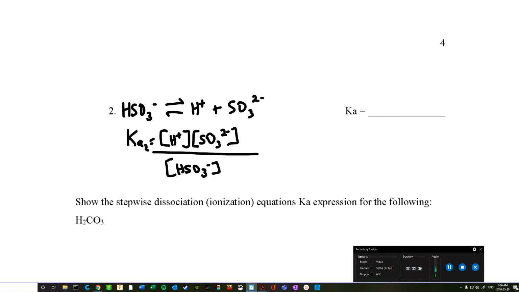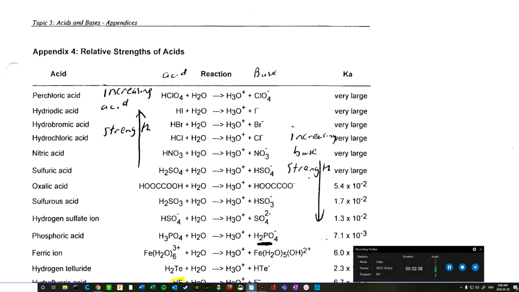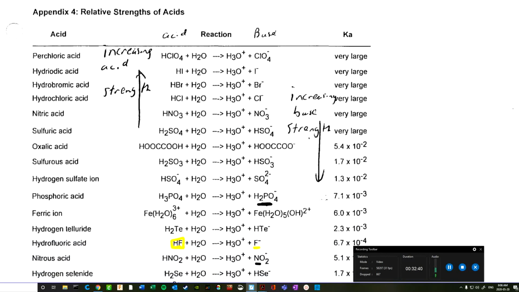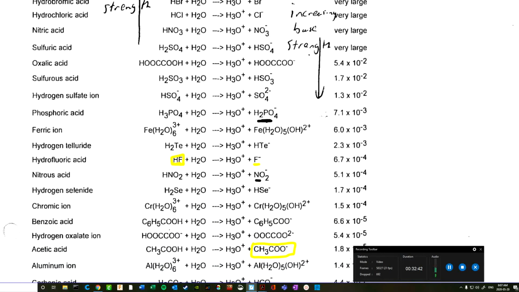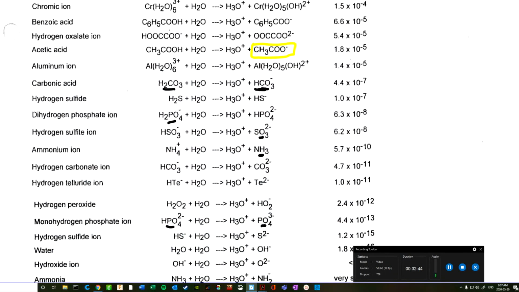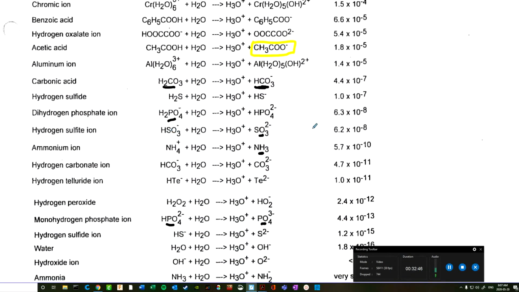Okay, and if we go to our chart, let's find that value. So we're looking for HSO3 negative this time. Here it is. And if we go across, its value is 6.2 times 10 to the -8.